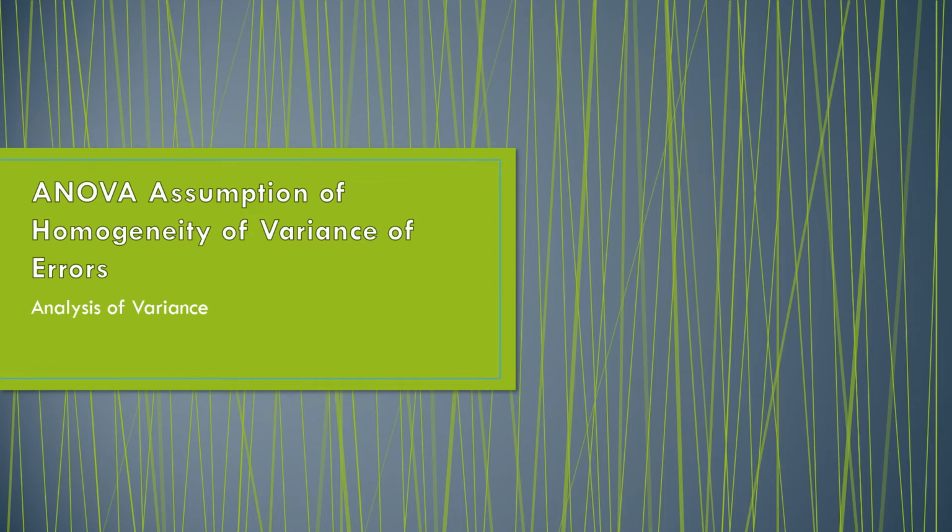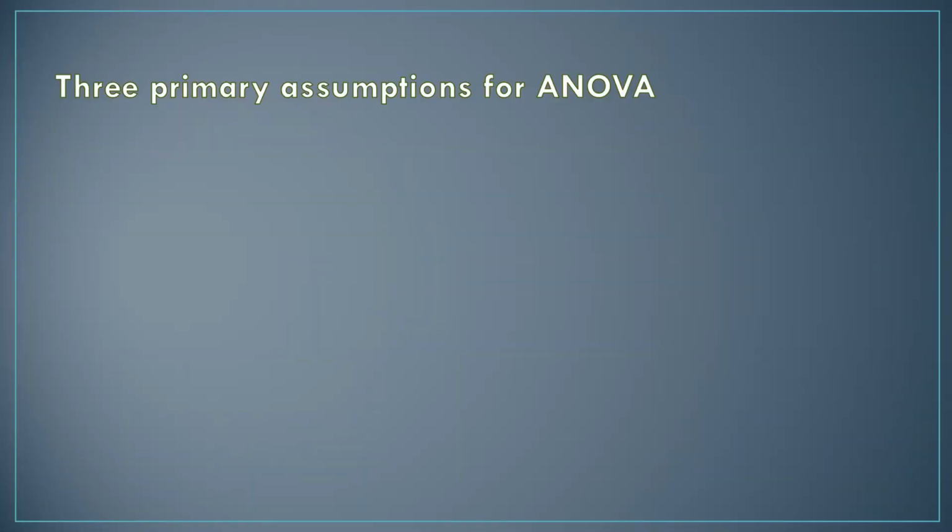This video will give you more information on the ANOVA assumption of homogeneity of variance of the errors. There are three primary ANOVA assumptions, and all of them are in relation to error, where error is determined by comparing the expected value to the observed value.